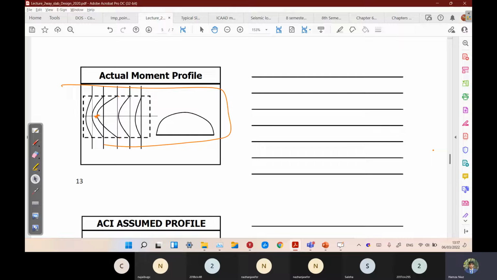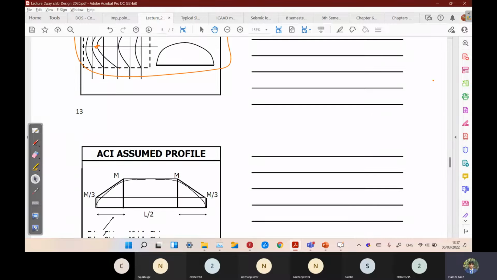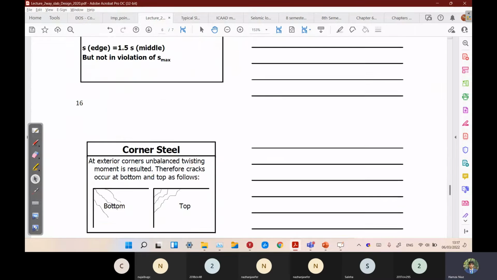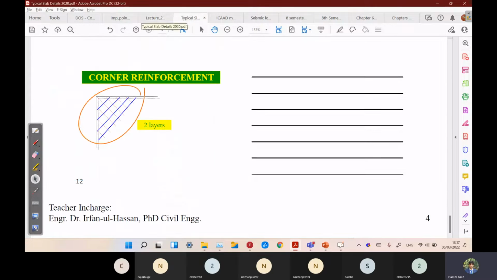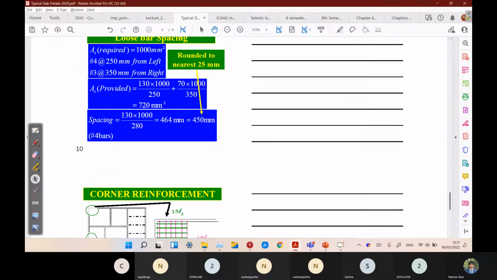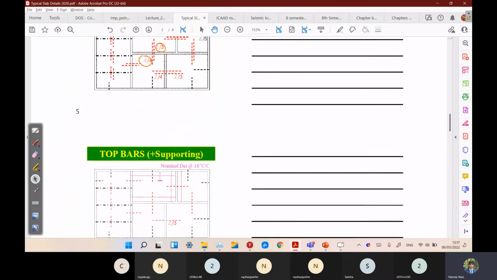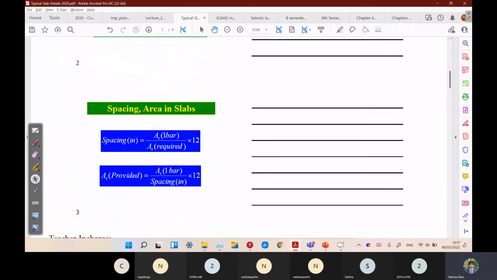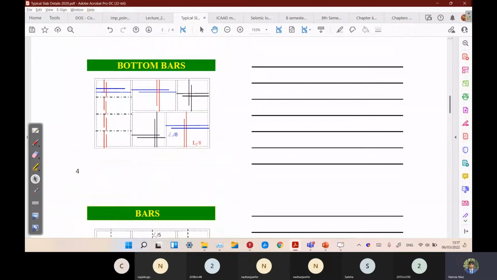Just memorize this file. It can be asked in quiz. So after we have got the steel, we have to show the reinforcement detailing of the slab. For reinforcement detailing, we have to show it something like this.